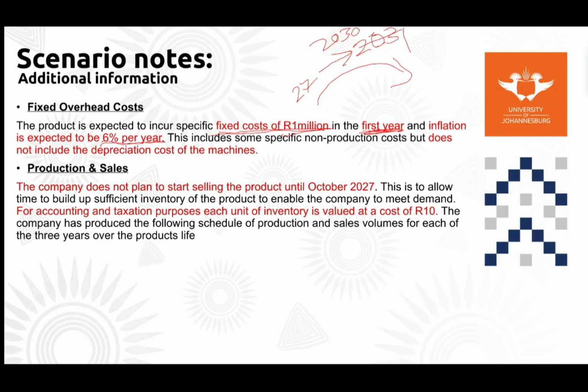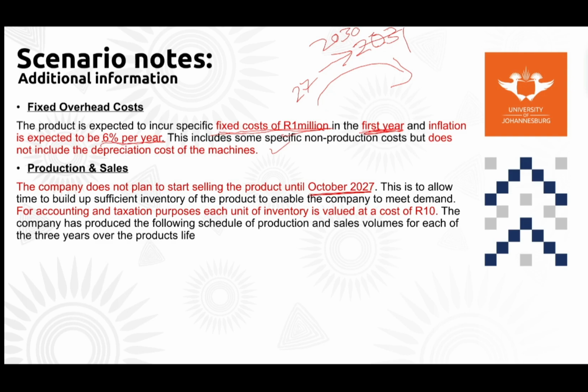These include some specific non-production costs, but do not include the depreciation of machines. Okay, got it. Production and sales. The company does not plan to start selling the product until October 2027. Right. So within those months prior, they are sourcing the material, obviously.